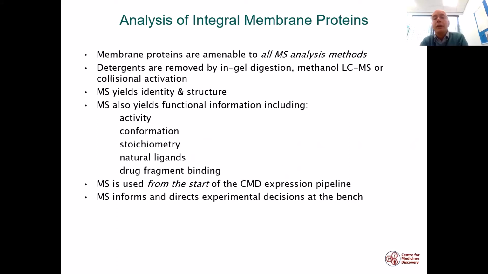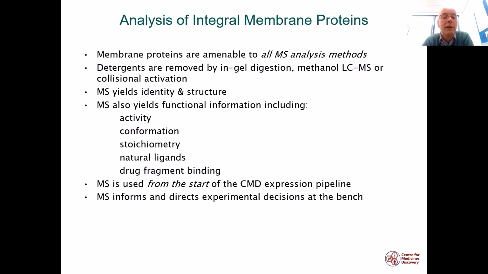So I'm going to wind up now and just summarize. I hope I've been able to demonstrate this afternoon that membrane proteins are amenable to mass spec, all mass spec methods. We've discussed different ways of removing detergent, and this is going to be done by SDS-PAGE and in-gel digestion, by methanol LC-MS, or by collisional activation for native mass spec.